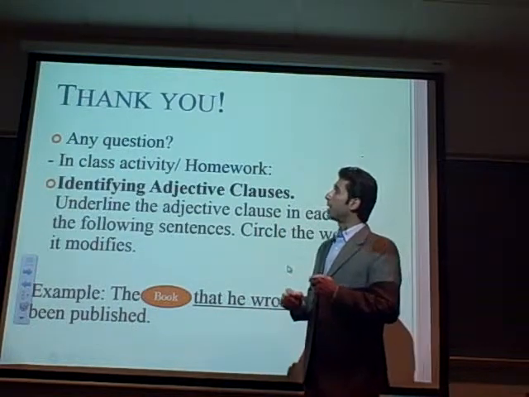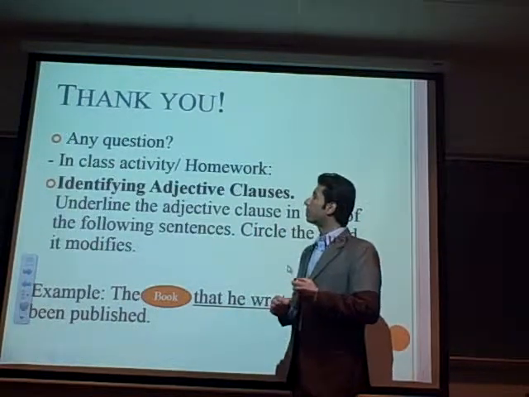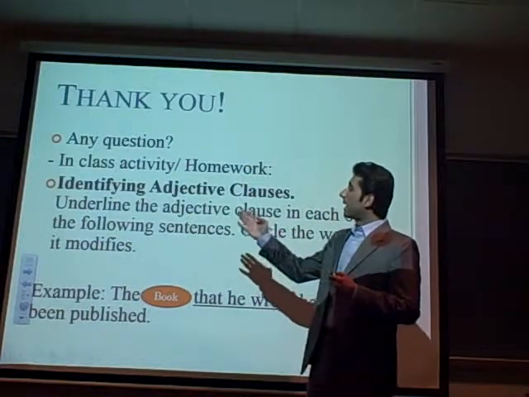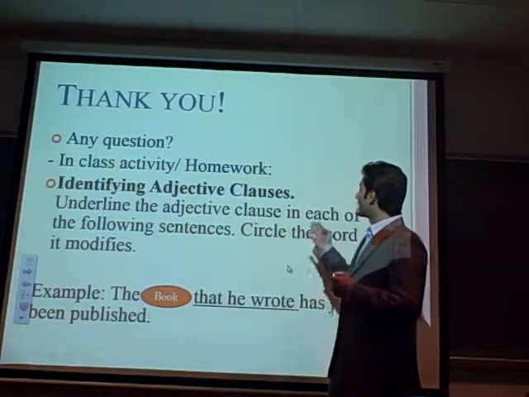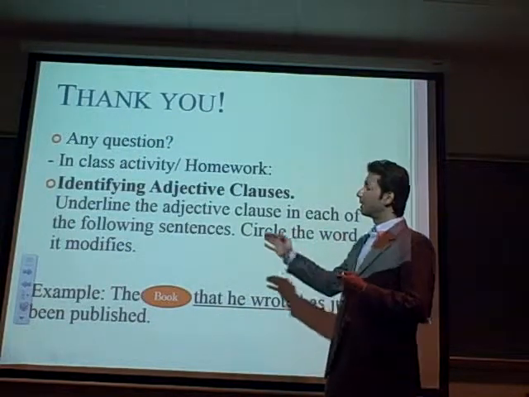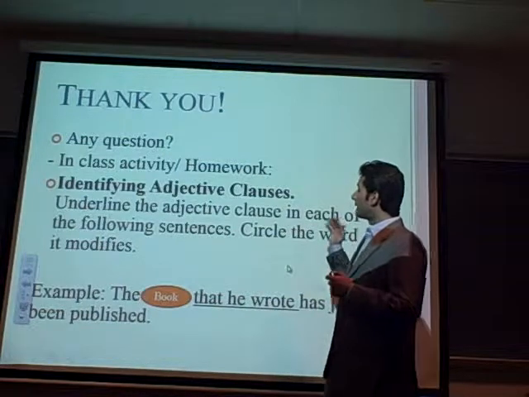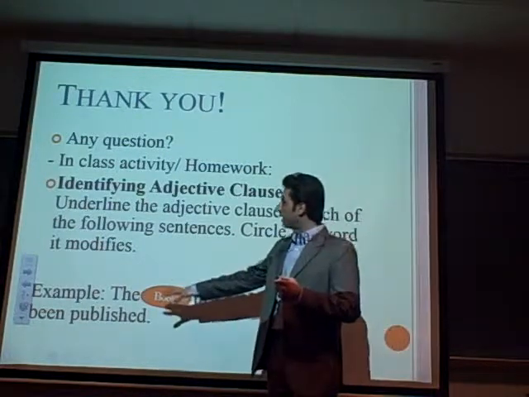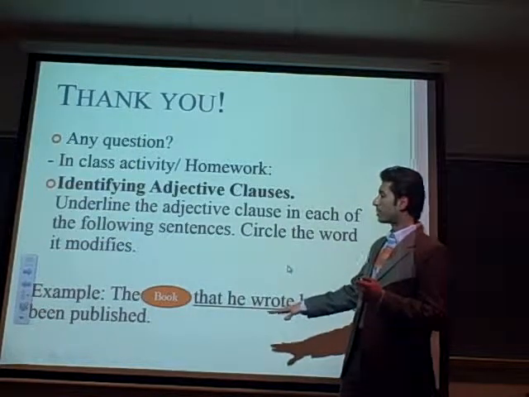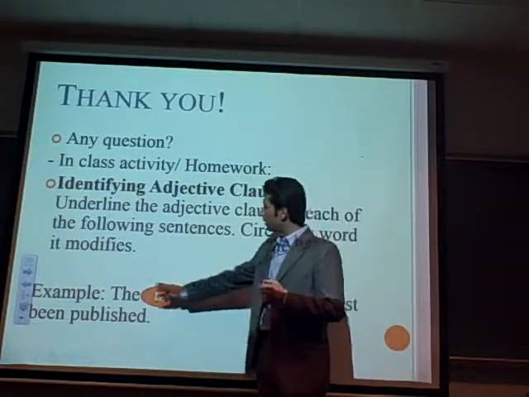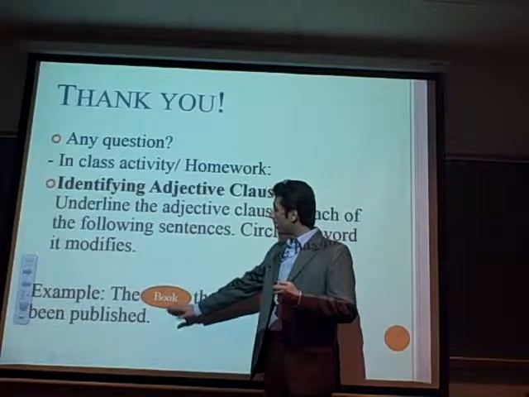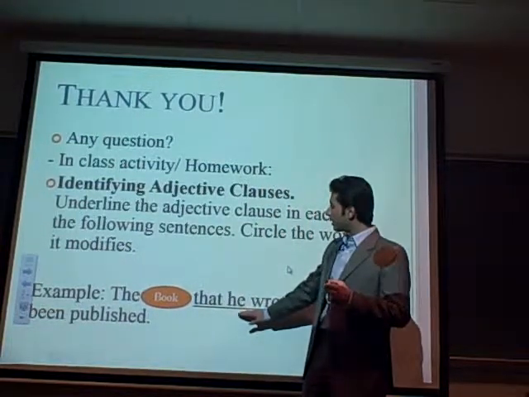Here I prepared an activity for the students, and it says identify adjective clauses. Underline the adjective clause in each of the following sentences. Circle the word it modifies. So here, for example, the book that he wrote has just been published. So here we need to circle the noun, which, as I said, usually comes immediately before the adjective clause.